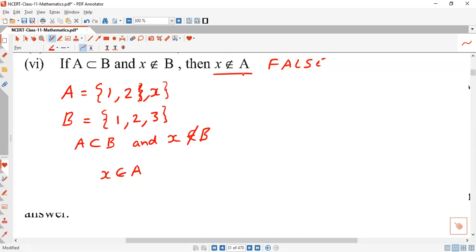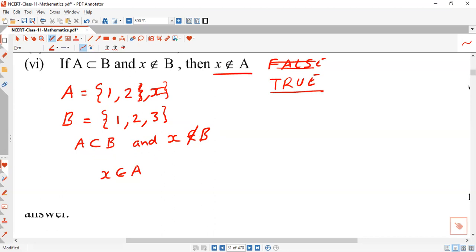If the element does not belong to B, then X does not belong to A, if A is a subset of B. Okay, fine. So you are looking here that we are not able to verify it. So it is a true statement, not false. It's a true statement in the sense that you are not able to verify otherwise.